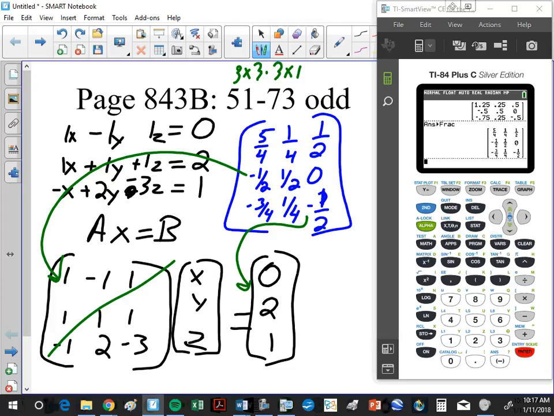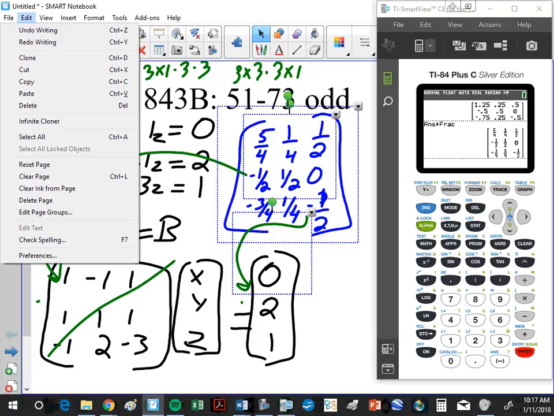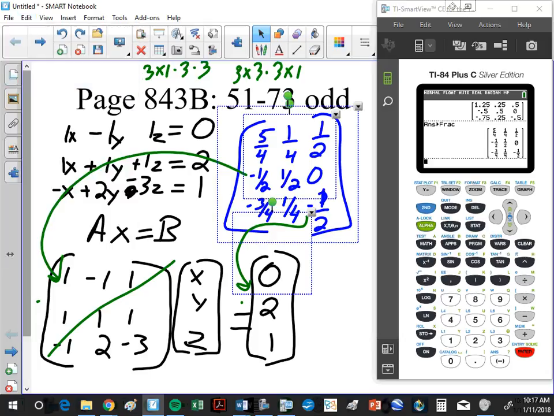But if I put it on the right, 3 by 1 times 3 by 3, that doesn't exist. So it has to be on the left. I put it on the left over here, and I put it on the left over here. So now all I have to do is multiply this and this together, and then I'm done. Yes. As long as it is truly the inverse, then it will always cancel into I2 or I3, whatever.